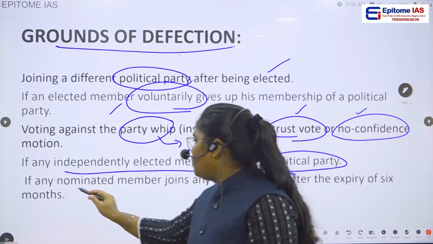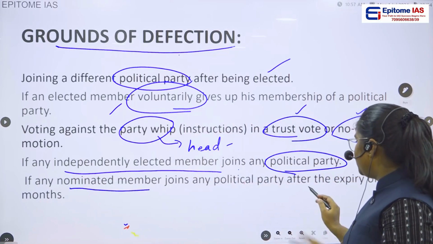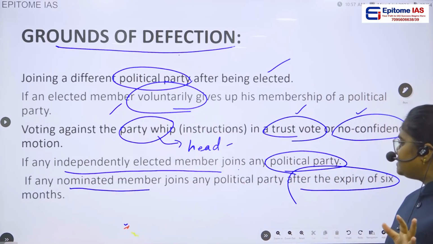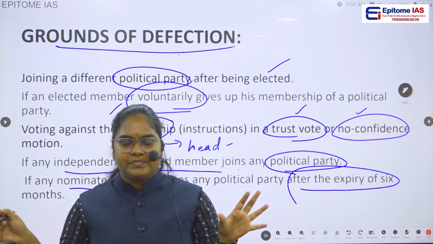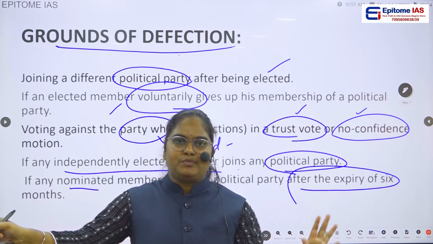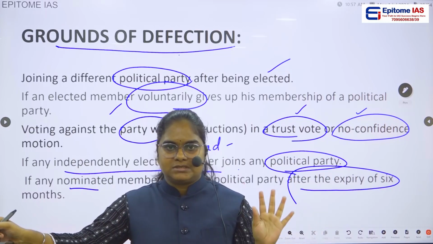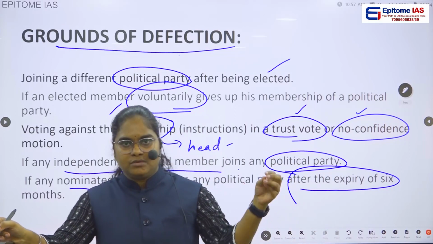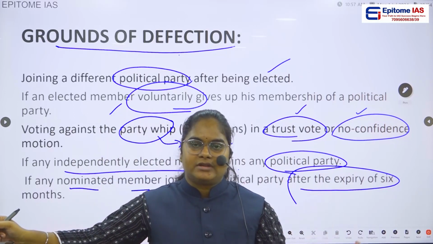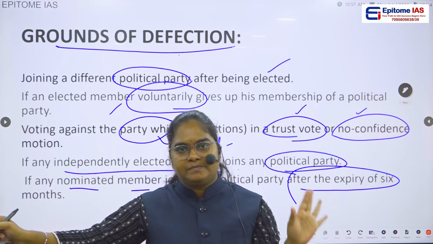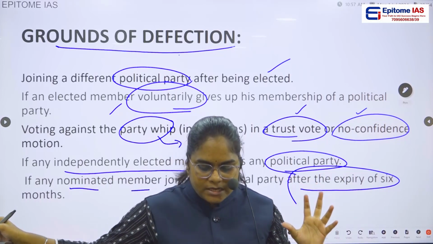Then if any nominated member joins any political party after the expiry of 6 months, so whenever a nominated member is nominated, he has an option to join any political party before the 6 months of getting nominated. But if he's joining any political party after the 6 months, he'll be disqualified under the anti-defection law.